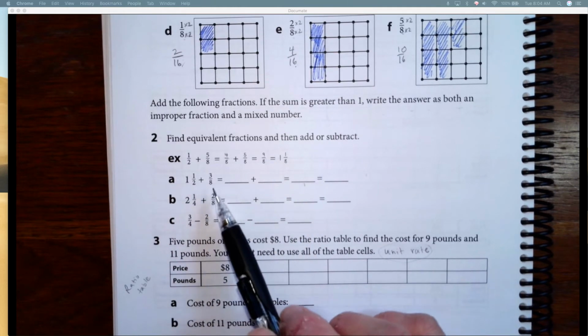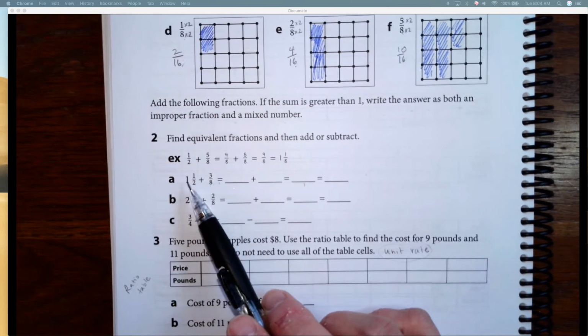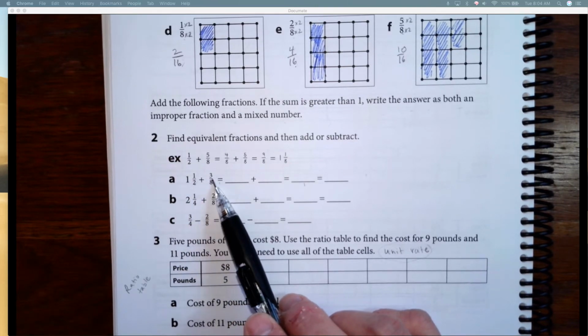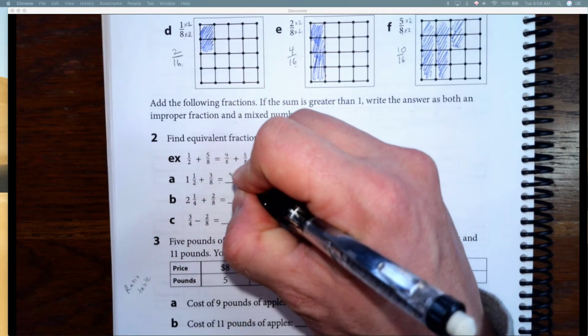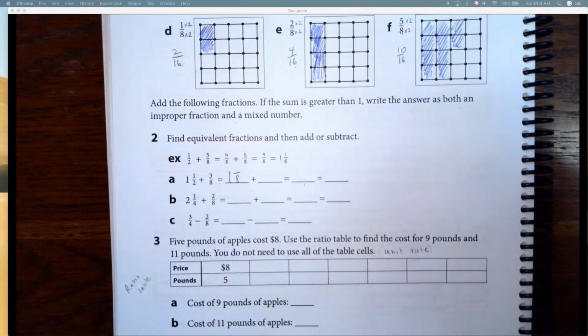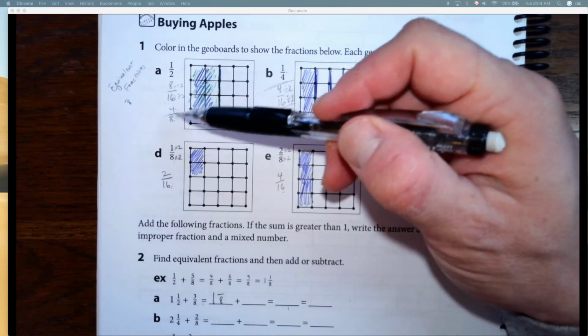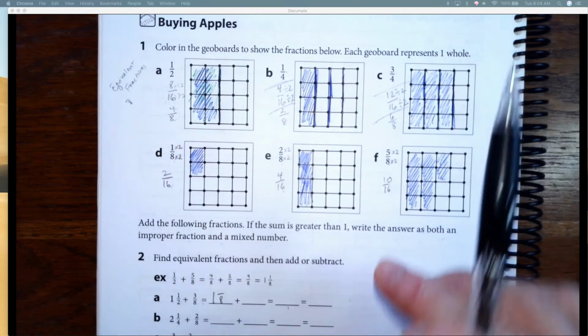So I'm noticing all of these have 8 in common. So we're going to change all of our fractions to eighths. We're going to change 1 1/2 to 1 and something eighths plus 3/8. Okay, 1 1/2 we're going to rewrite as 1, and if we remember up here on A, half is equivalent to 4/8.